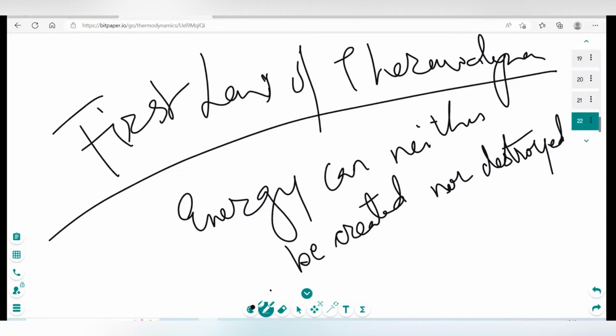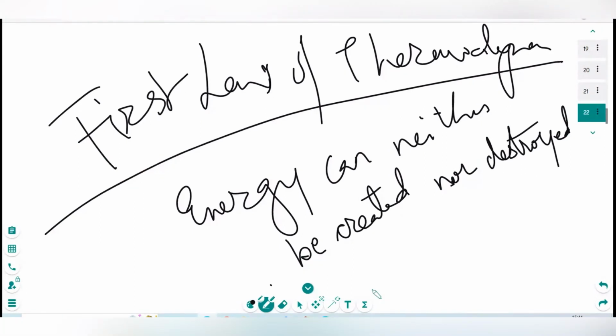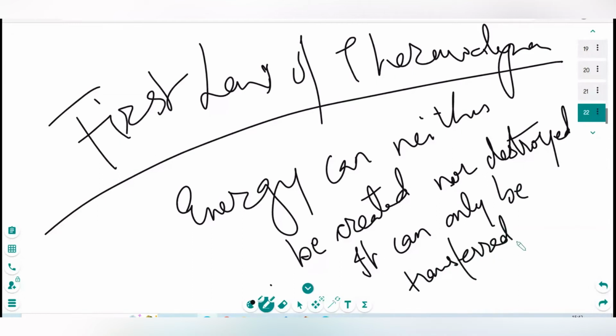Come on. First law of thermodynamics: energy can neither be created nor destroyed. It can only be transferred, or transformed, you can say, to other forms.